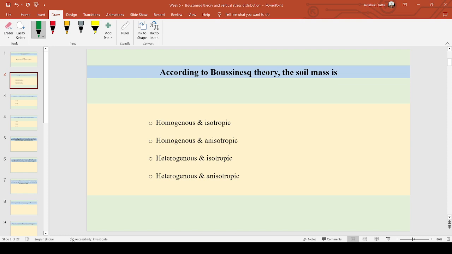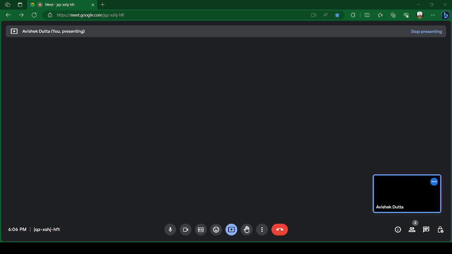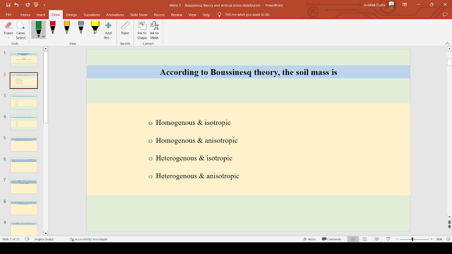Next, between the first two options, homogeneous and isotropic, and homogeneous and anisotropic. If the soil is isotropic, that means the properties are the same in each and every direction of the soil mass from one particular point. If it is different, then it is anisotropic.